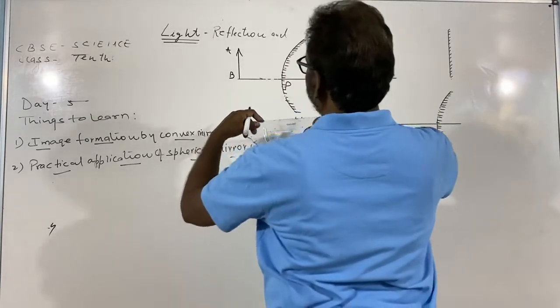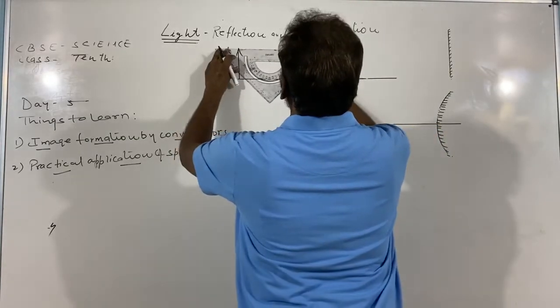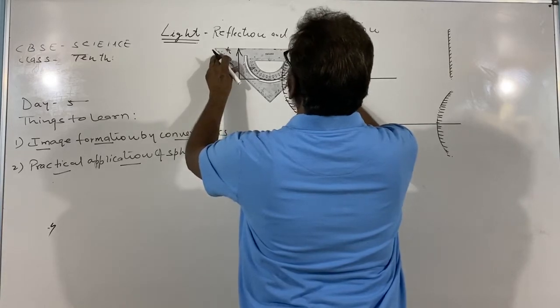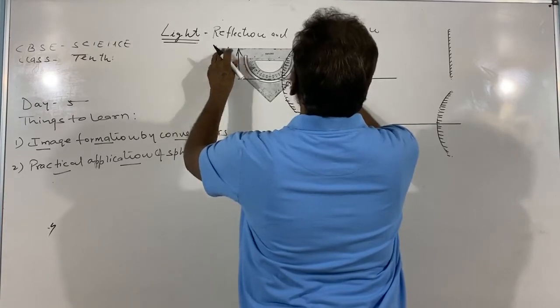Now we will take a ray parallel to the principal axis.